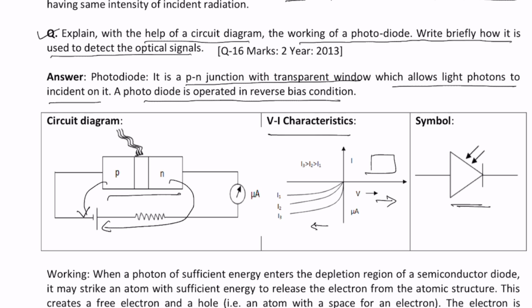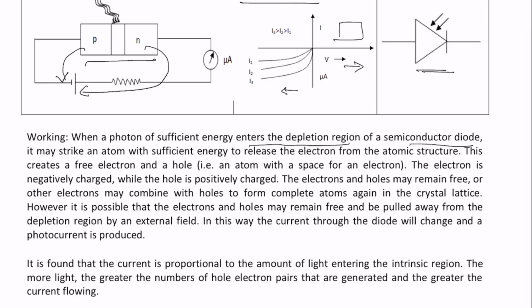So working. When a photon of sufficient energy enters the depletion region of a semiconductor diode, it may strike an atom with sufficient energy to release an electron from the atomic structure. This creates a free electron and a hole, an atom with a space for an electron.